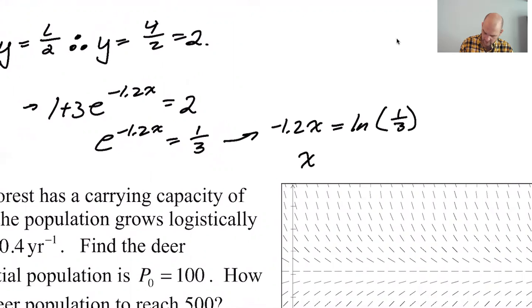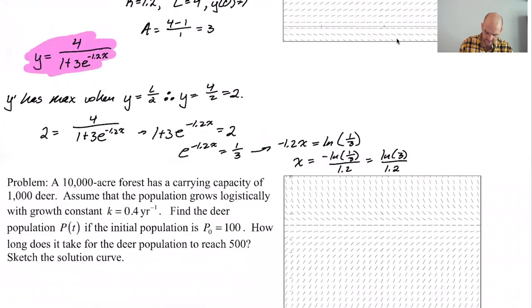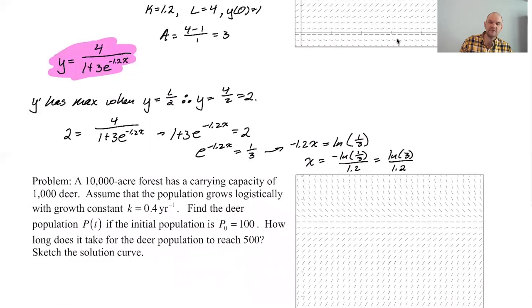Divide by negative 1.2. So here's the thing. I get negative natural log of 1/3 over 1.2. But that negative can be the exponent of the 1/3. So it's 1/3 to the negative 1, which is actually just the natural log of 3 over 1.2. If you follow the bouncing ball for where things came from, this looks like it's the natural log of A over k.